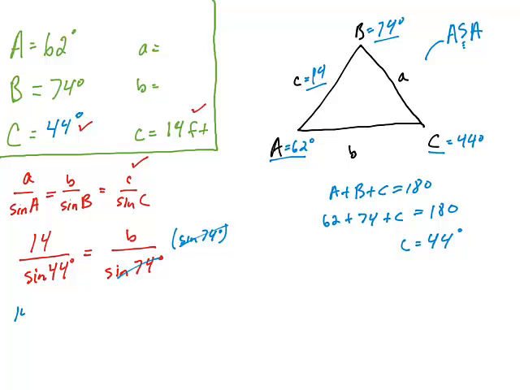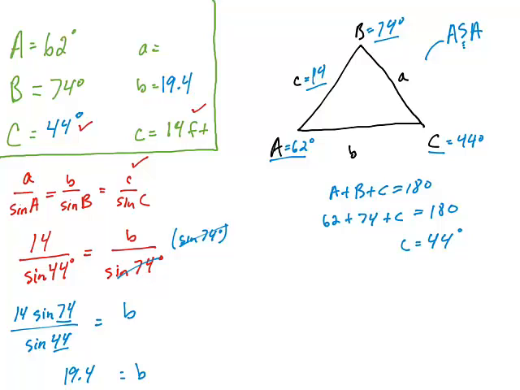So we end up with 14 times sine 74 over sine 44, and that's going to equal side B. So you just type this into your calculator, make sure you're in degree mode because our angles are given in degrees. And typing that in and rounding, I get 19.4 feet. So 19.4 here.